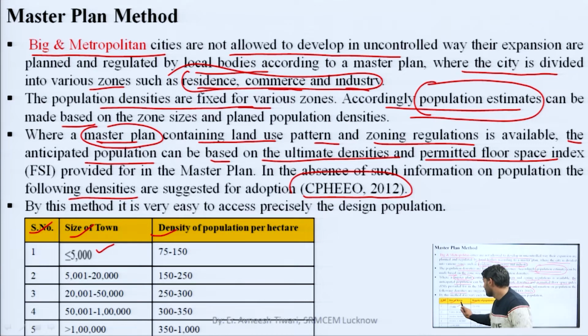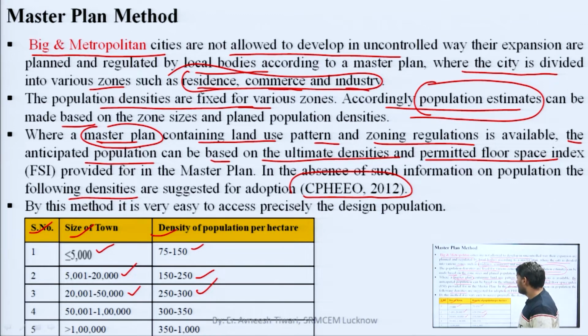Size of town less than 5,000: the density will be 75 to 150 per hectare. 5,000 to 10,000: 150 to 250. 20,001 to 50,000: 250 to 300 population per hectare. 50,001 to 1 lakh: 300 to 350 per hectare. Similarly, for population greater than 1 lakh, the population density will be 350 to 1,000.